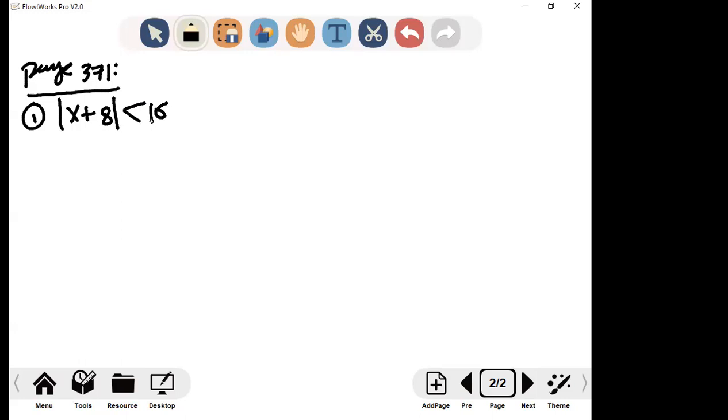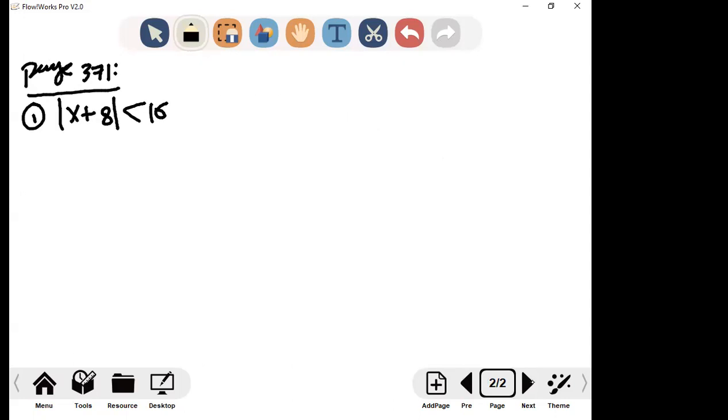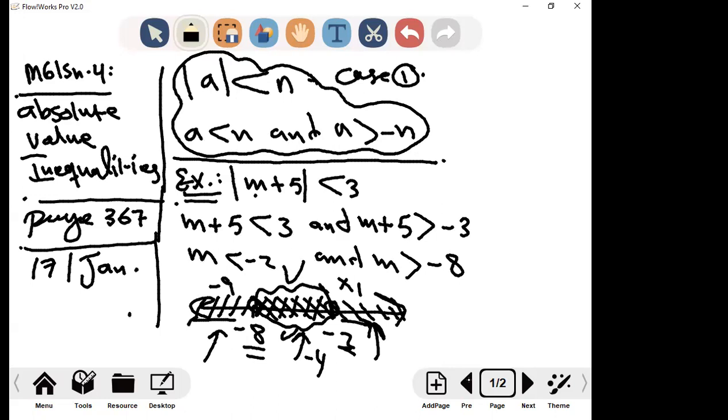A less than n, A more than negative n. What's A here? x plus 8. So x plus 8 less than 16 and x plus 8 more than negative 16.